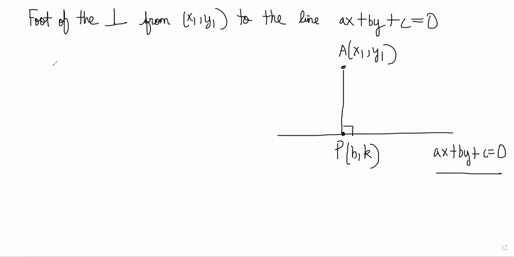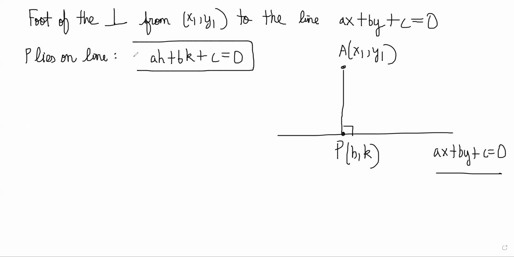The idea here is this: since P lies on the line, the coordinates h comma k will satisfy the line equation. So you'll have ah plus bk plus c equals 0. That is the first relation. And also the slope of AP times the slope of the line should be -1.